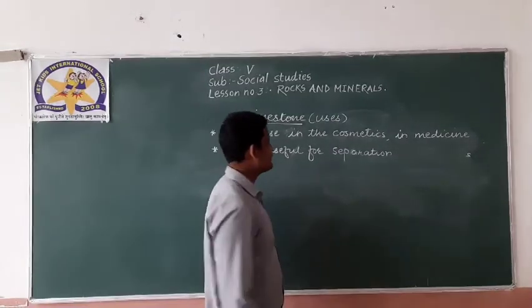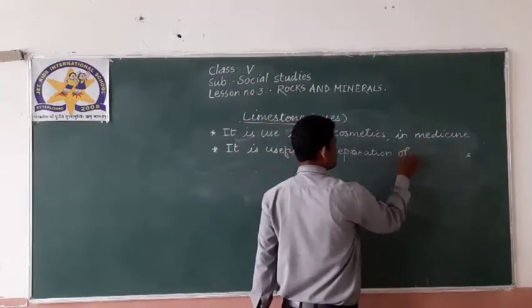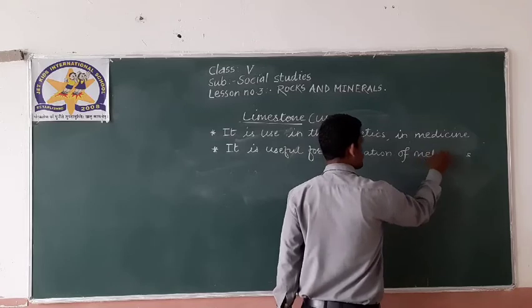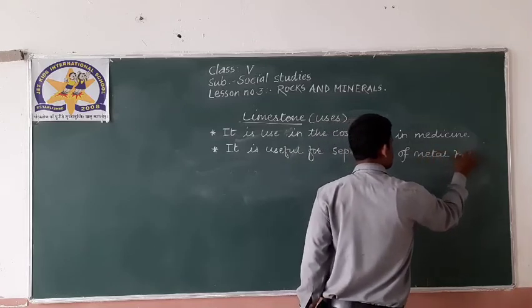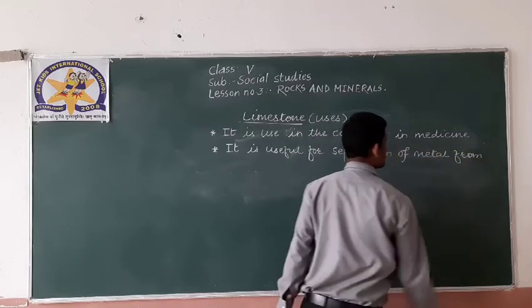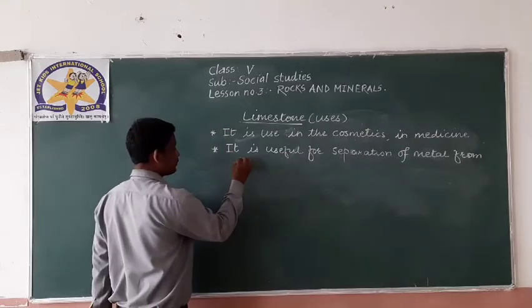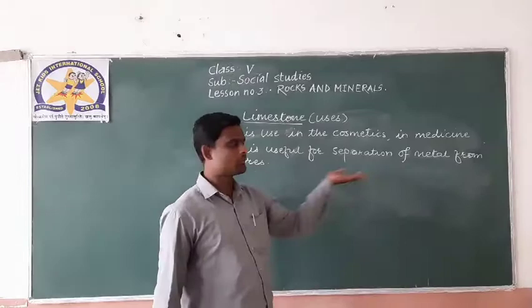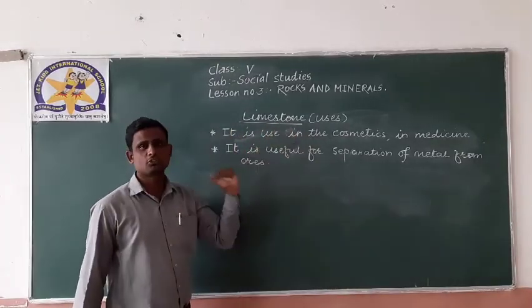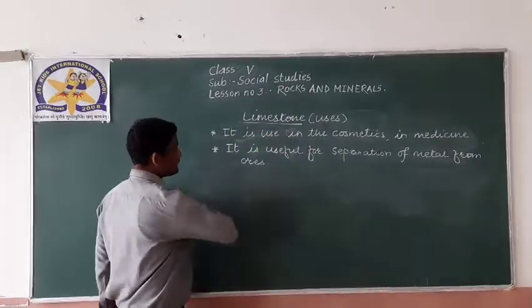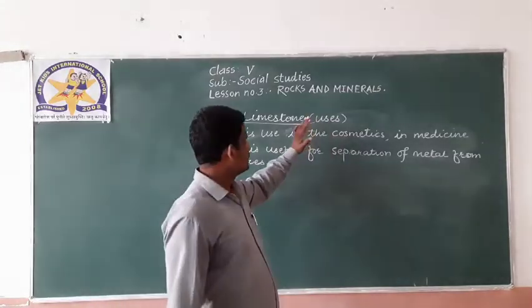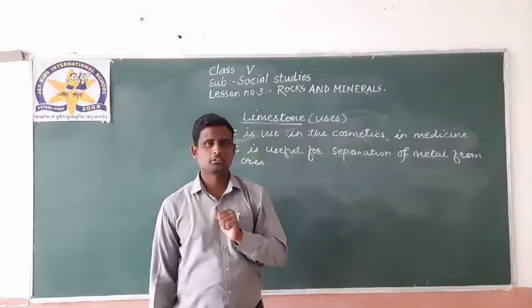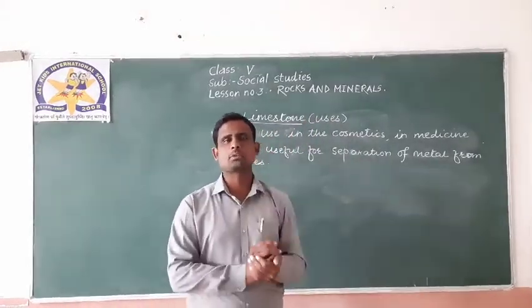Separation of metal from ores. It means for the separation of metal from ores, limestone is useful. The common example of limestone is chalk. Chalk is the common example of what?